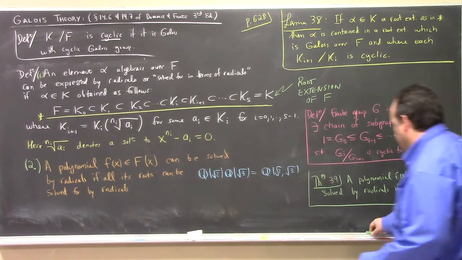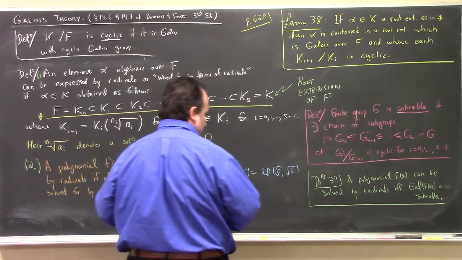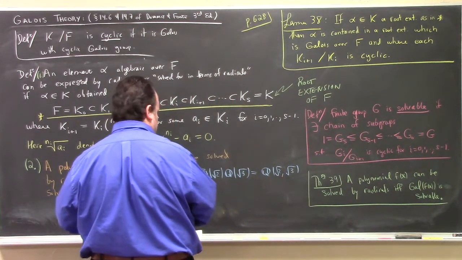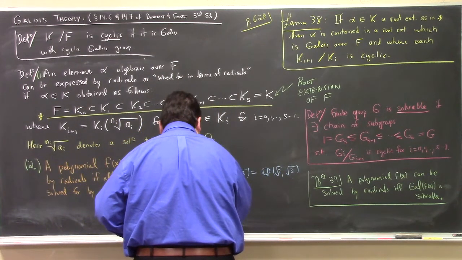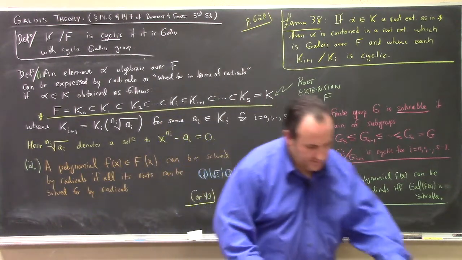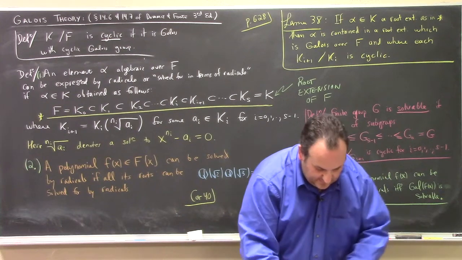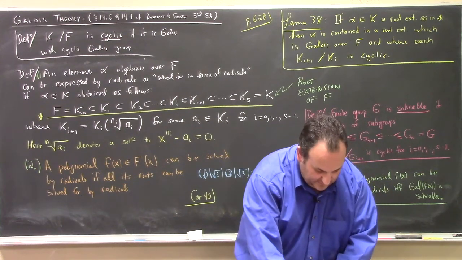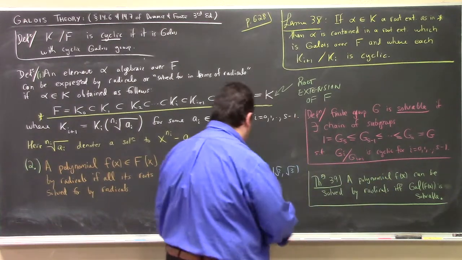Corollary 40. What does it say? The quintic. Yeah, exactly. It says the general equation of degree n cannot be solved by radicals.